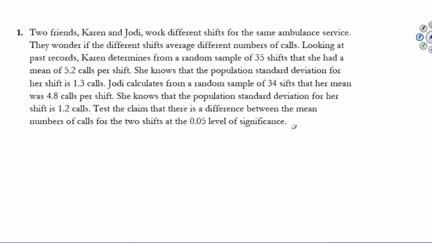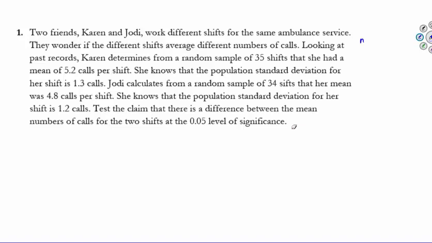There's no shortage of words on these examples, so I like to read the problem one time, take inventory of what I have and what I know, and then move forward from that so I don't have to go back and weed through. So first, if you read this, you notice that we have 2 different shifts from Karen and Jody. Karen has a random sample of 35 shifts.